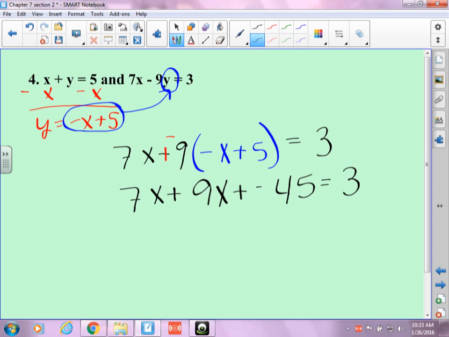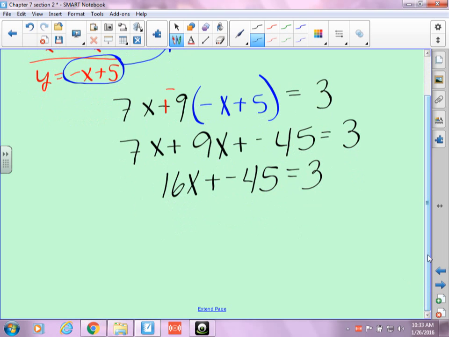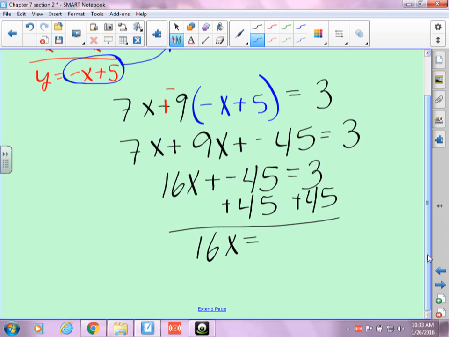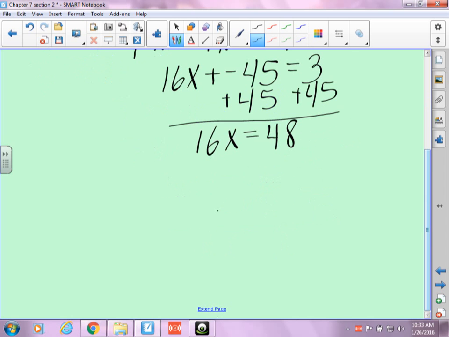Combine like terms, I get 16x plus -45 equals 3. Good, add 45. 16x gives me 48. Good. X gives me 3. Am I done?